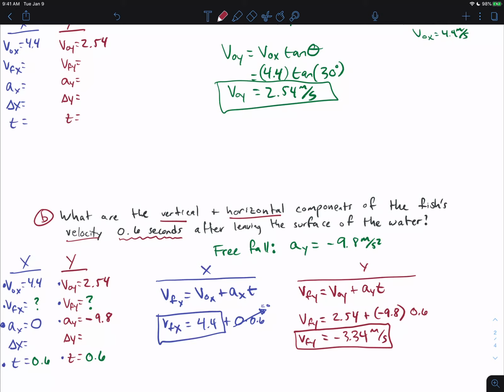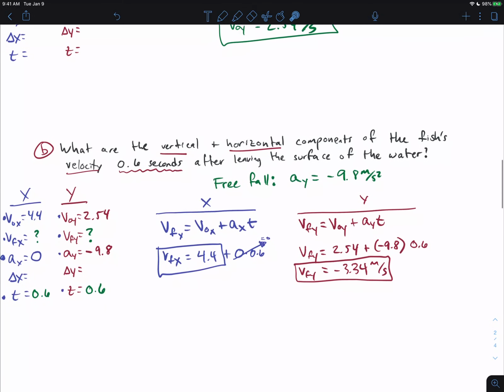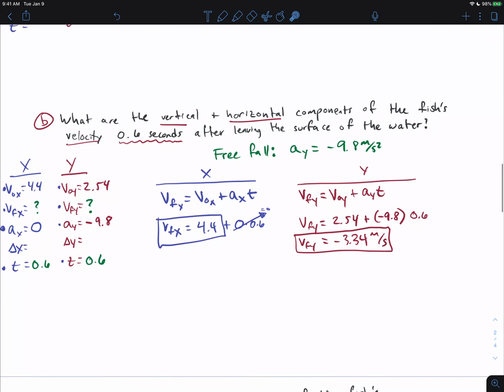Now we have both of our values. We found the horizontal and the vertical components of the velocity 0.6 seconds later. And we'll illustrate what is going on here in the next part of the problem. But let's go ahead and fill this in so we can take these values to the next part of the problem.